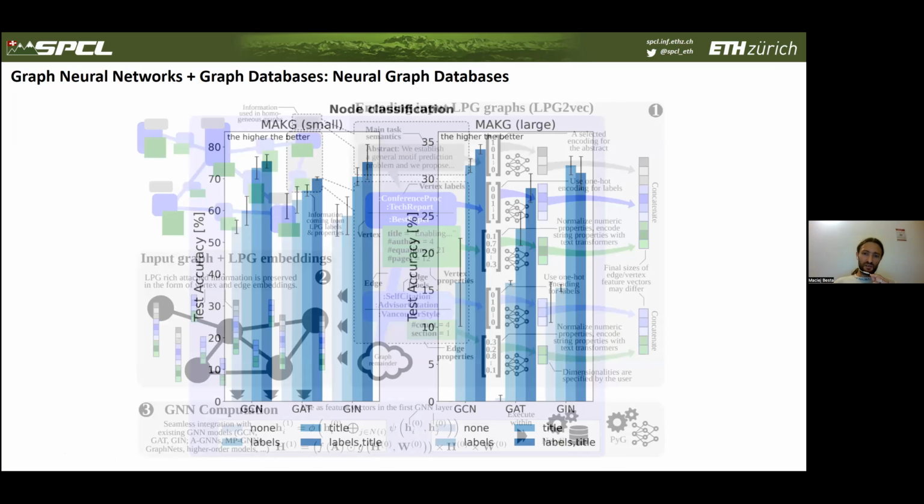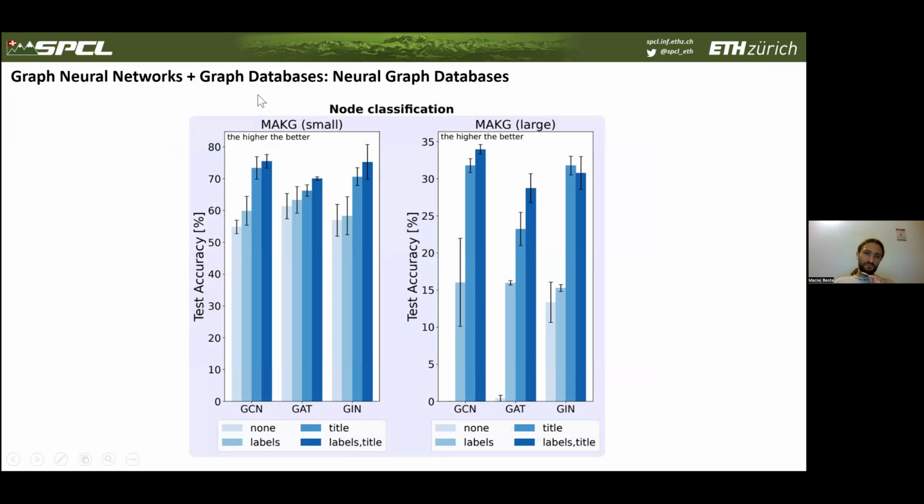Some example results. Here we can see two plots. On the left plot, we can see a small variant of the Microsoft Academic Knowledge graph. On the right side, we can see a big graph. Each point on the x-axis is related to a different graph neural network model. GCN stands for graph convolutional network, GAT stands for graph attention network, GIN stands for graph isomorphism network.